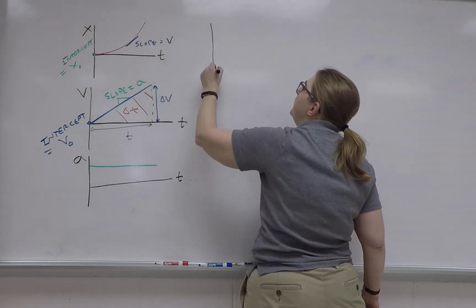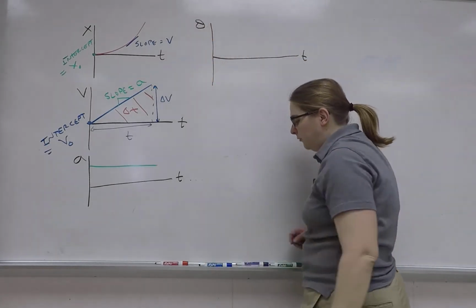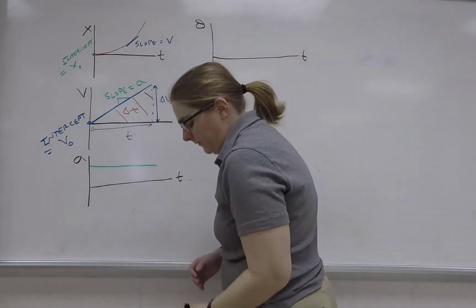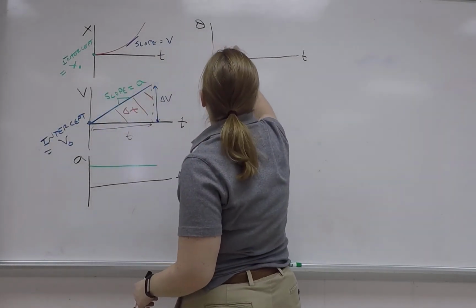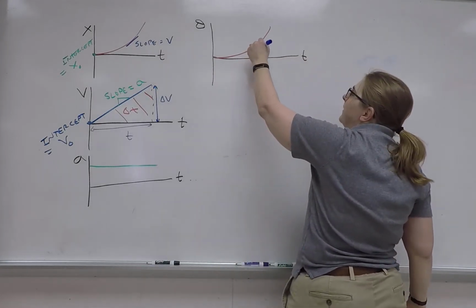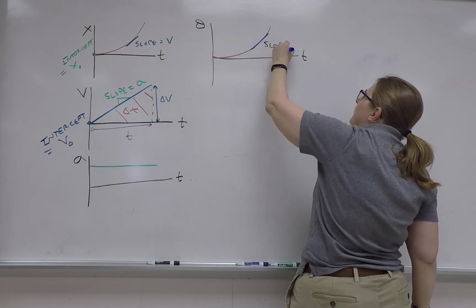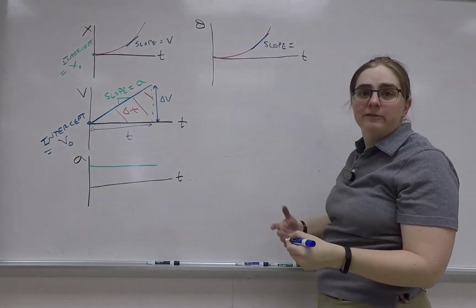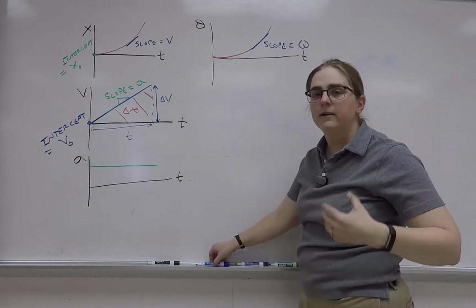Now it turns out we can do some really similar stacks of graphs with angular position. Once again, the slope of my angular position graph is velocity, but this time it's angular velocity. So I'm going to draw that using the Greek letter omega.